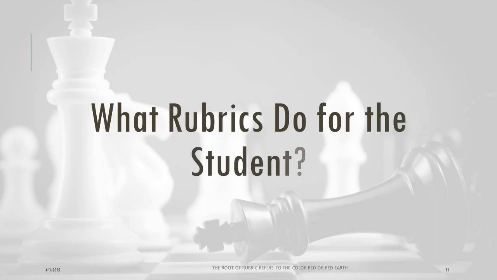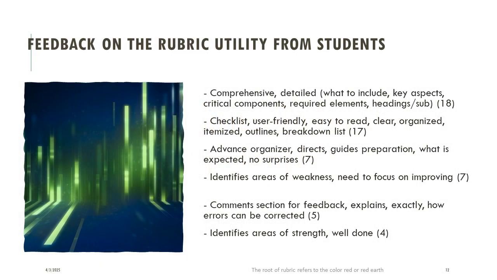So, in simple words, what do rubrics do for the student? Feedback on the rubric utility from the students. What was positive about the rubric usage, from a survey conducted with the students?